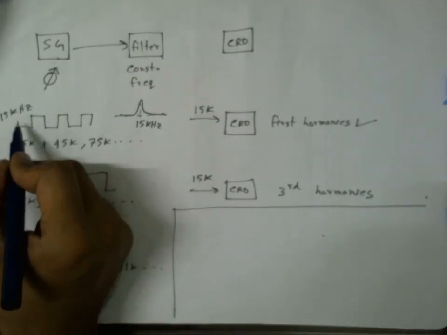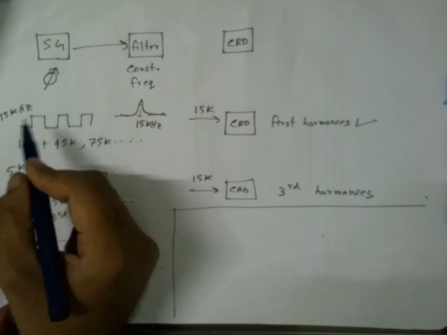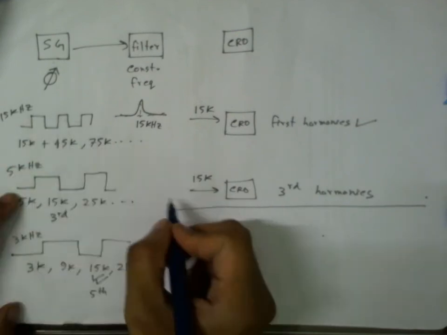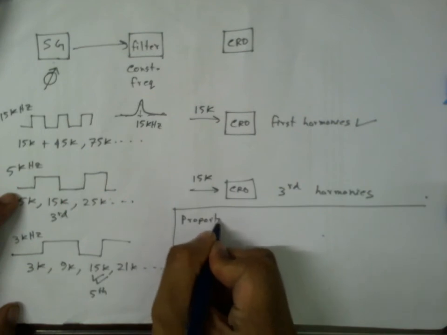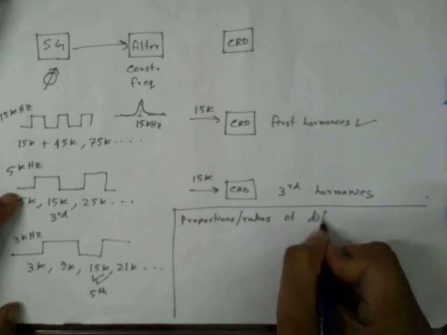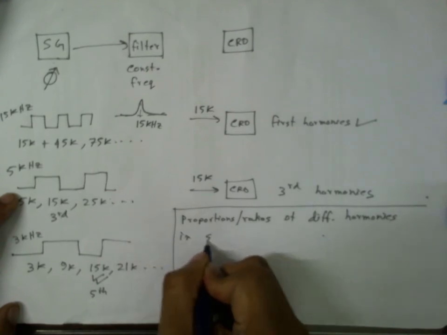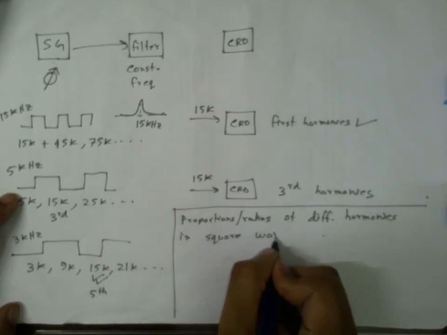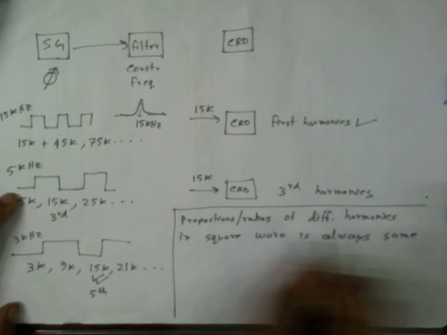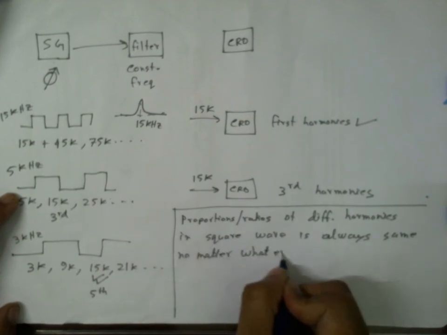The proportions, or ratios, of different harmonics in a square wave are always the same, no matter what the frequency is.